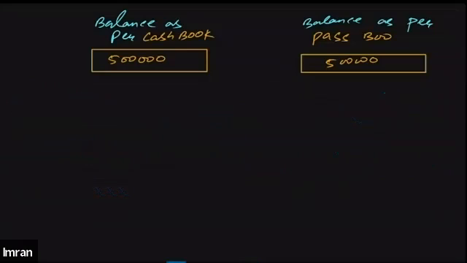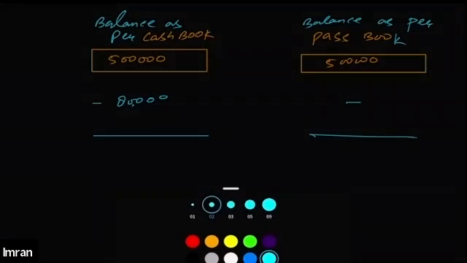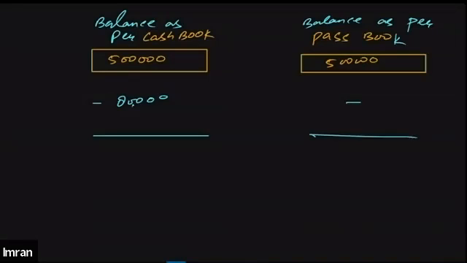The business must have reduced the bank balance by 80,000, but the bank has not recorded this in the bank statement. So there is no change in the balance as per passbook. At the end of the month, the balance reflected by the passbook will remain 5 lakh, but the balance as per cash book will be 4,20,000. Is that clear?